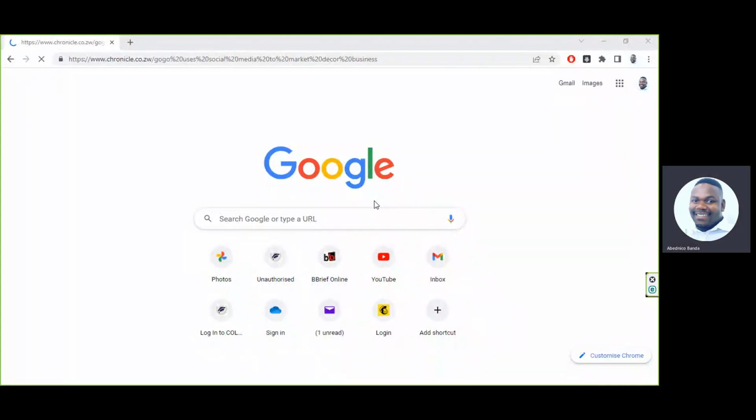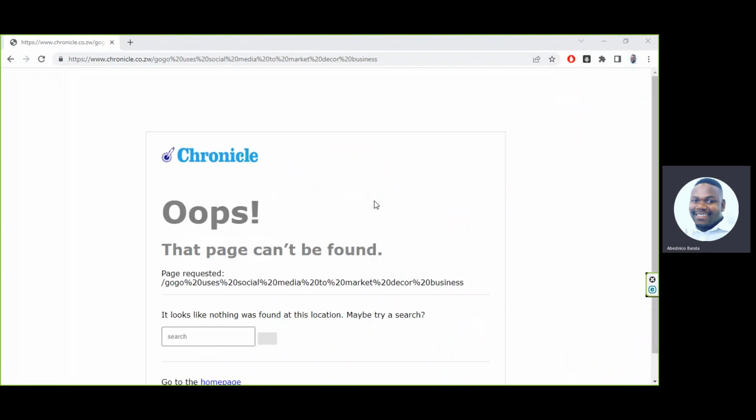Okay, here we go. Let's just wait for some seconds while the link is opening. I don't understand why it's not opening. Let's see if I can actually search it. So let me search it on Google.